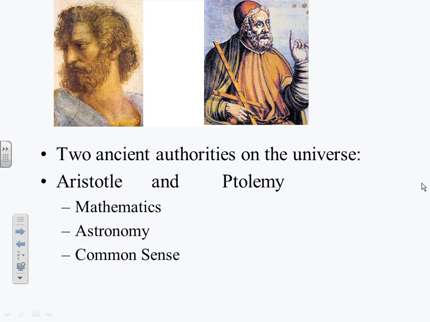These two are prominent historical figures in mathematics and astronomy, using common sense, observation and logic to suggest some medieval and ancient perspectives that are going to be proven wrong in the modern European era of the scientific revolution that we're going to be covering. So this is what they thought in the past, before modern Europe, and what we're studying is how these ideas were proven wrong and new ideas took shape.